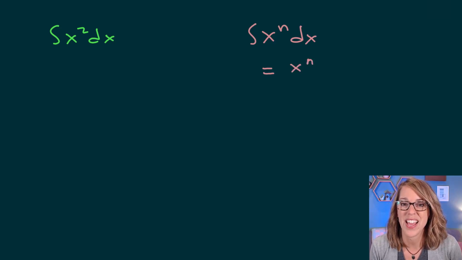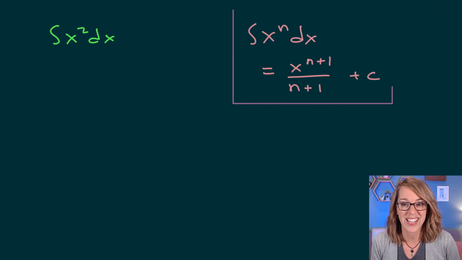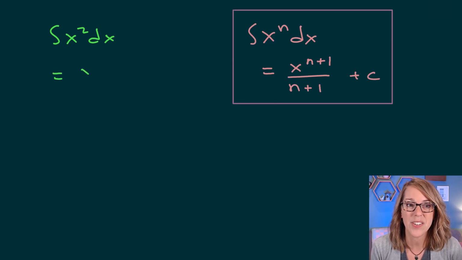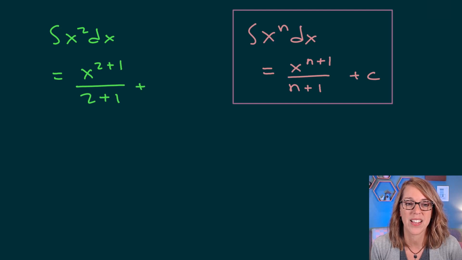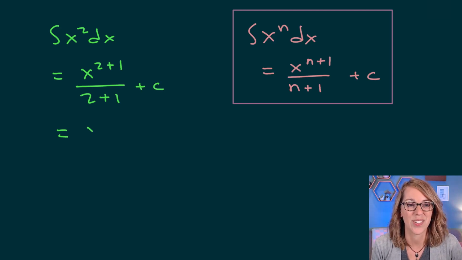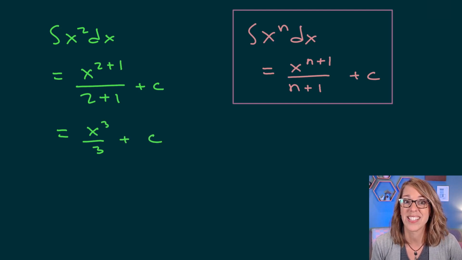So it's x to the n plus 1 divided by that new power, n plus 1, and then plus a c. Let's apply this to the integral of x squared. I'm going to increase that power by 1, so x to the 2 plus 1 divided by that new power, plus a c. So we're going to write that answer as x to the third divided by 3 plus c.